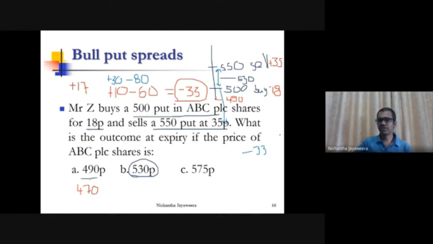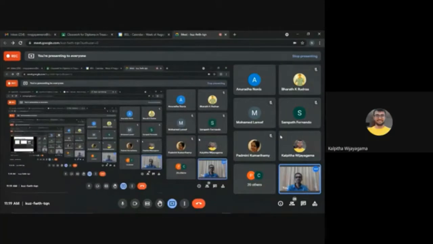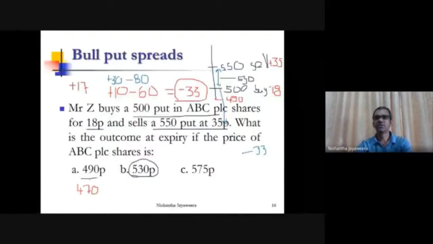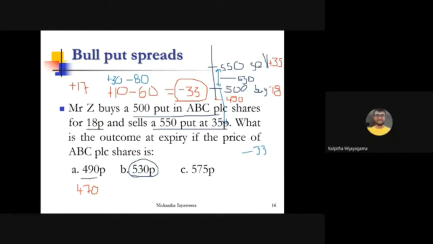Will you exercise your right? No, right? Why? Because your strike price is lower than the market price, so you don't want to sell at that lower price. You can sell it at the market price.